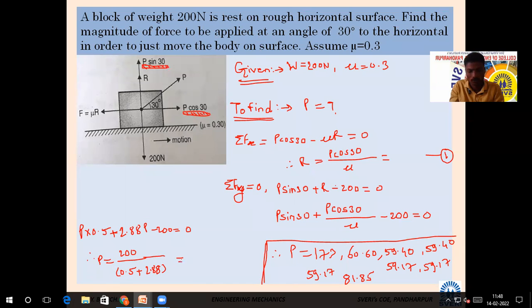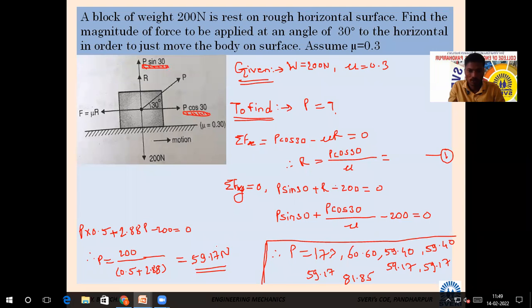How much is it by this calculation? 59.17 Newton.